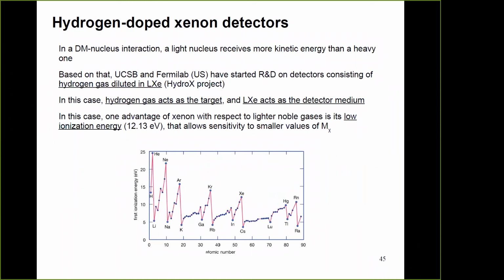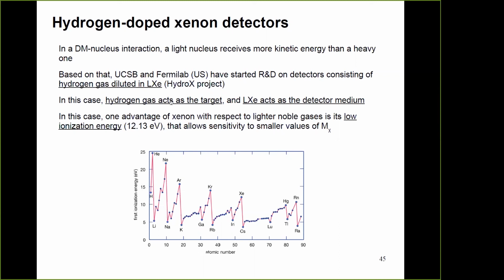The idea of this is to have a xenon detector with some quantity of hydrogen gas in it. So in this case, because the hydrogen has a lighter mass, it would receive more energy from the dark matter particle and leave more energy in the detector. So from the kinematics point of view, hydrogen is more convenient than xenon.